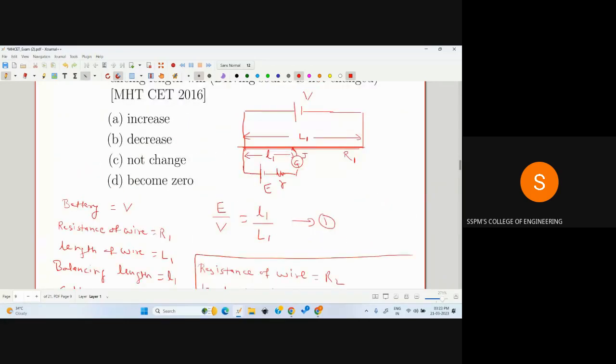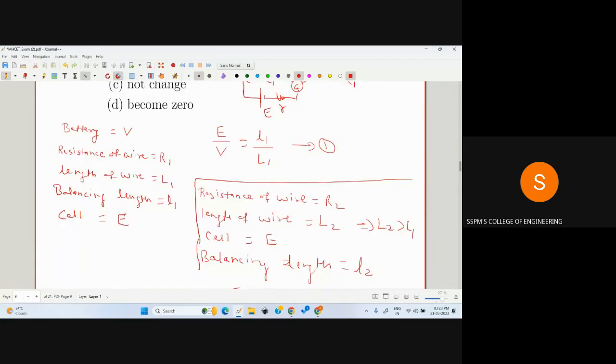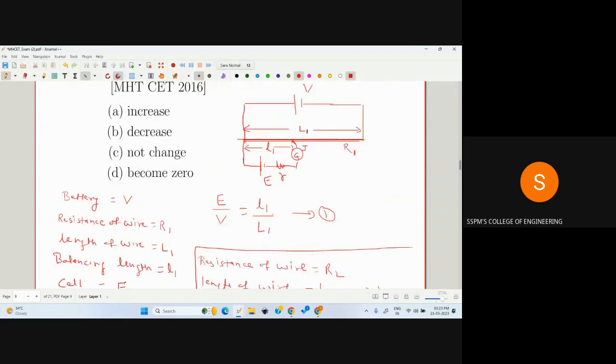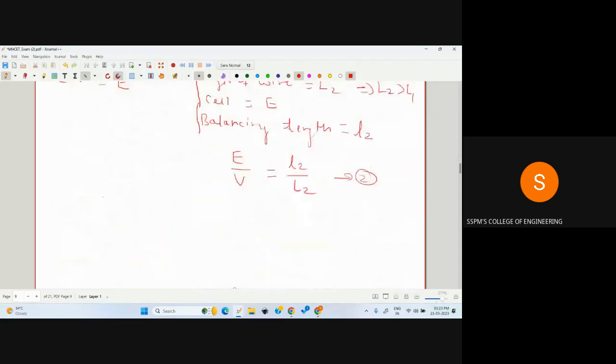Now you can check, the left hand side is the same, E upon V, E upon V. So the right hand side must be the same: l1 divided by capital L1 is equal to l2 divided by capital L2. So what is the new location of the balance point?